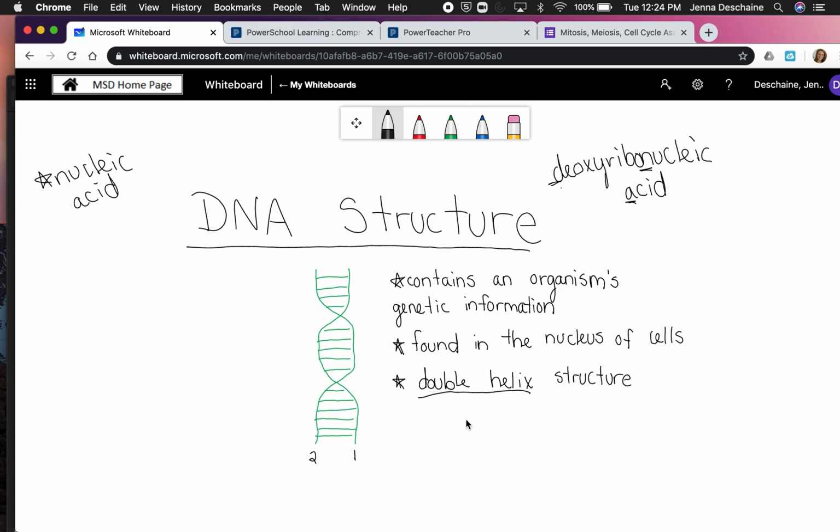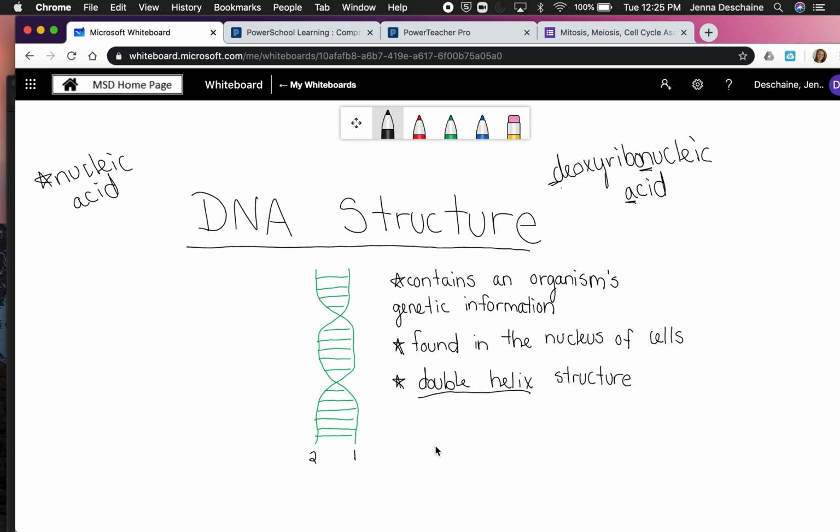A double helix is just like a twisted ladder. If you picture yourself having a smaller ladder in your hands, and imagine that the ladder is made of a flexible material and you're able to twist it around, that would be a double helix.